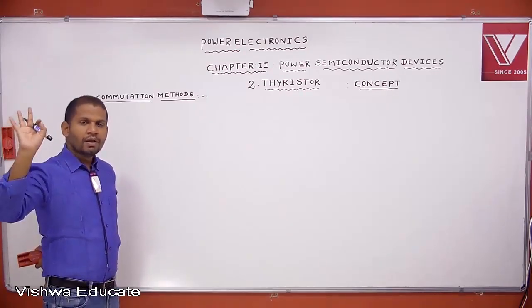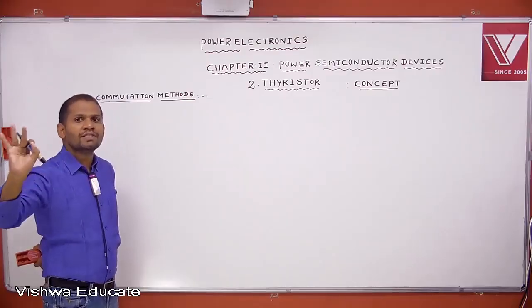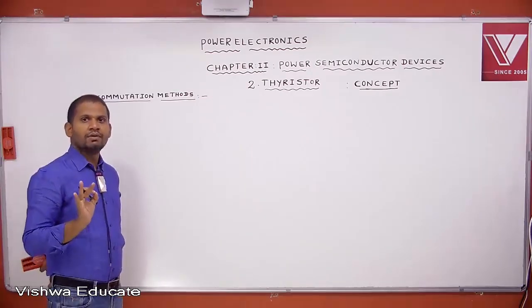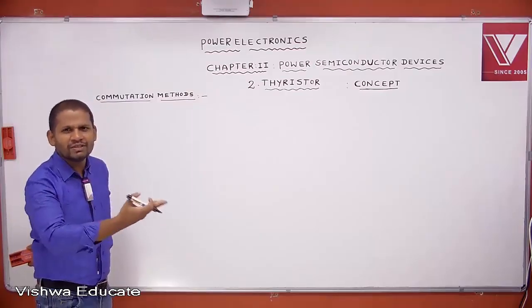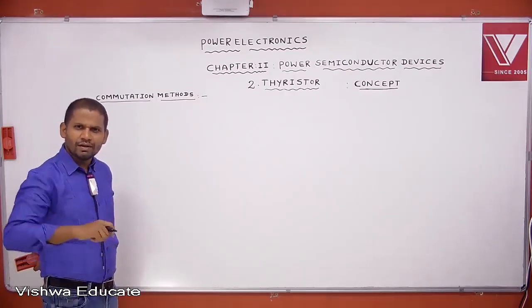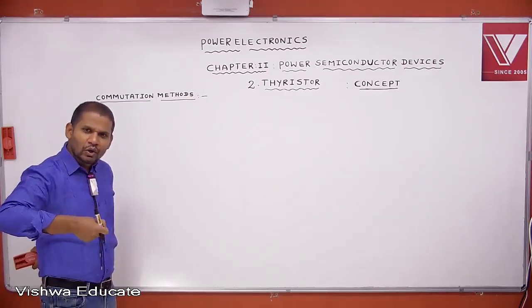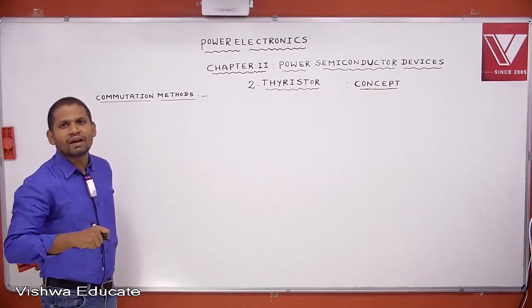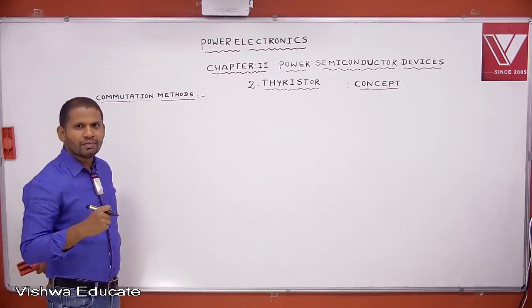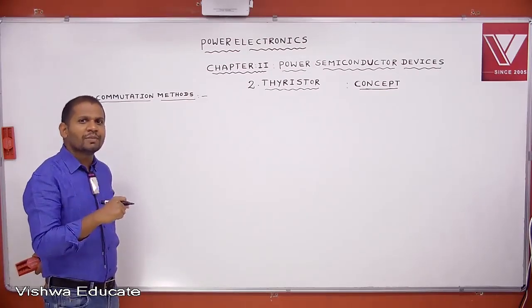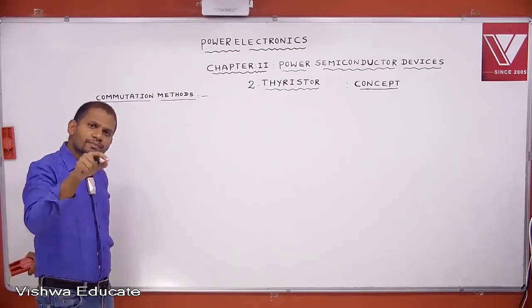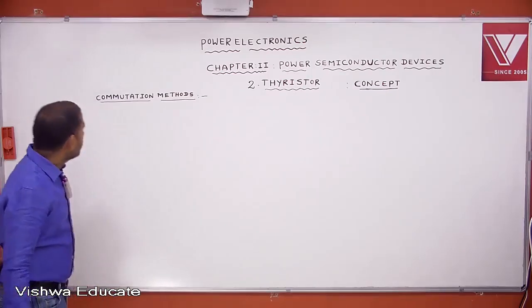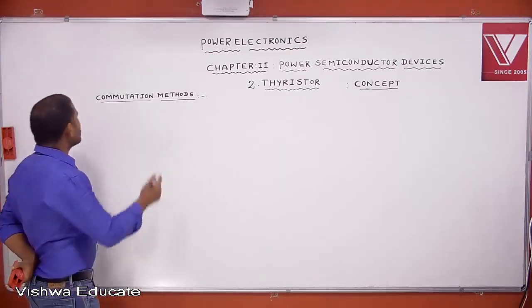If it is a BJT or MOSFET or IGBT, no need of these methods. By using control signal itself, we can turn on and turn off.